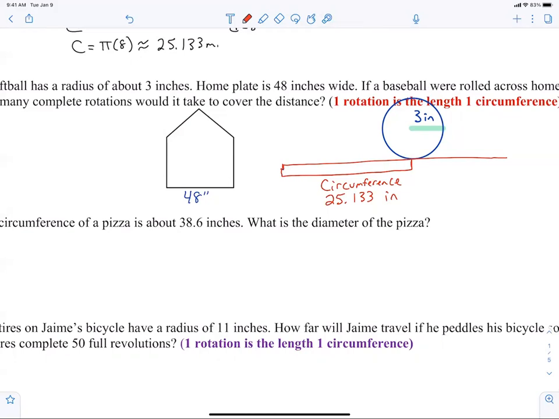So it's pi times the diameter. I want everybody to do pi times the diameter. So it would be pi times 6. What did you get? I got 18.845 inches.